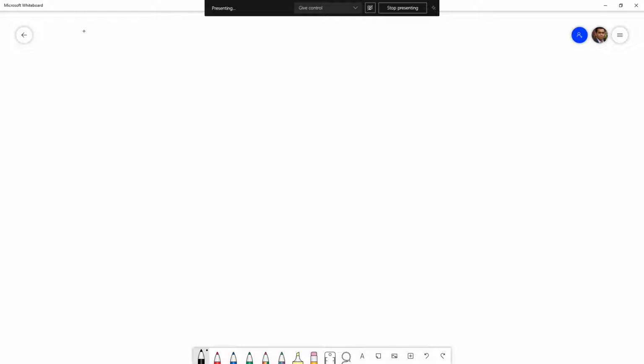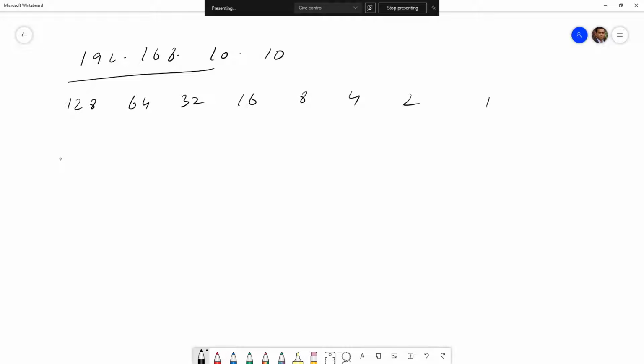So let's say I'm converting one IP address. So I'm just writing this, right? For example, how can I quickly convert this?